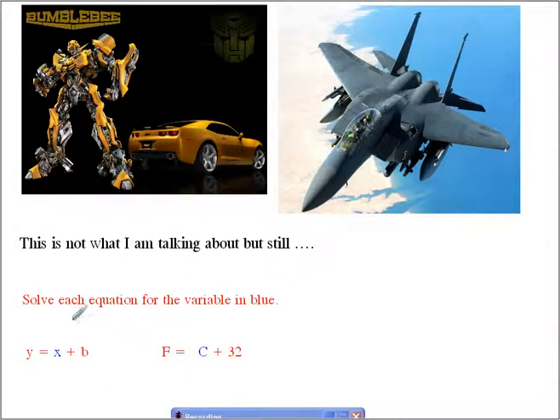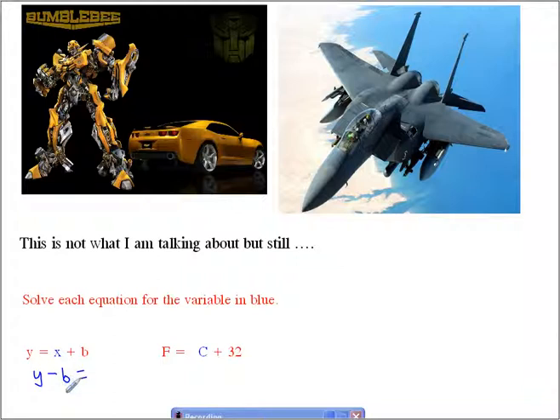Anyhow, moving on. If we look here, it says, solve each equation for the variable in blue. So the variable in blue here, this here is y is equal to x plus b. So all I'm going to do is get rid of that plus b, and it's really easy. All I have to do is go ahead and go y minus b on this side.